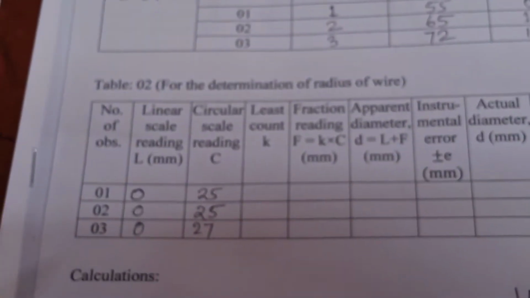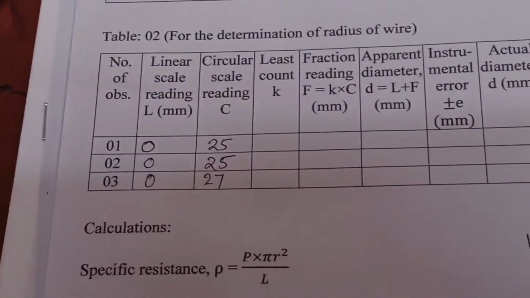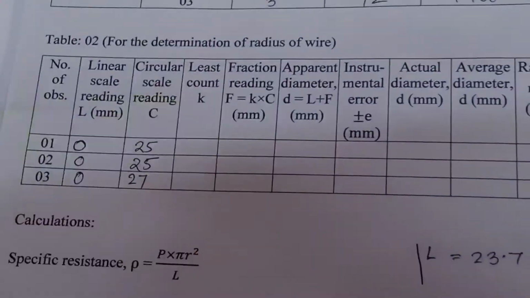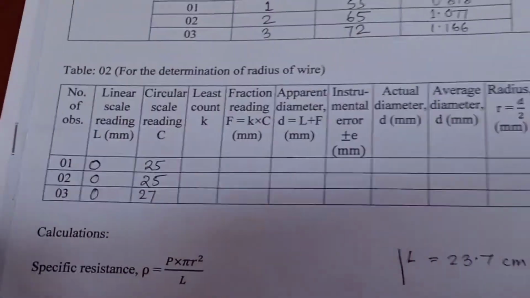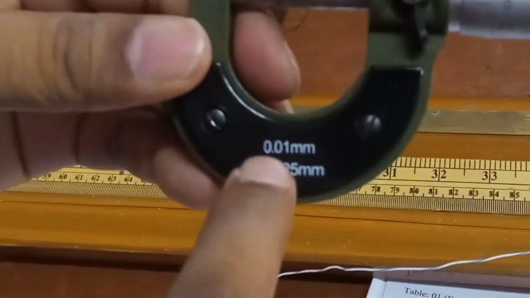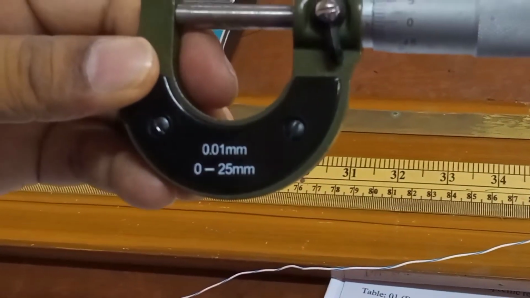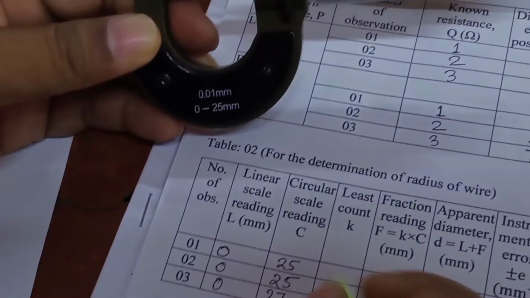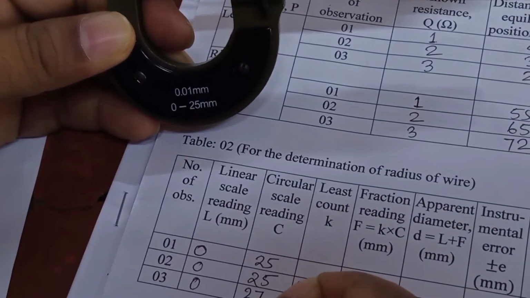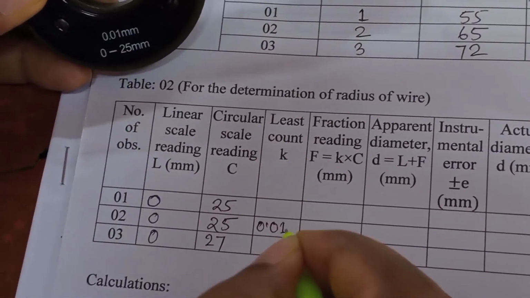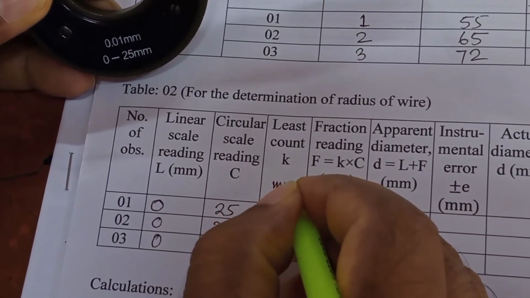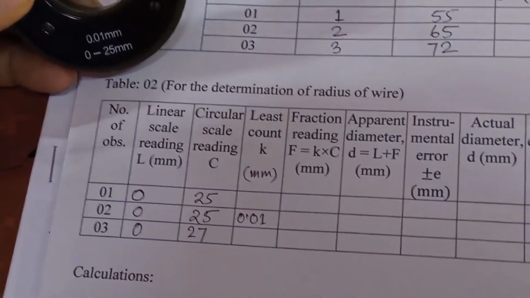Now we are going to complete the other columns. Here the least count of the micrometer or screw gauge is 0.01 millimeter, which is indicated on the micrometer. So the value of K, that is the least count, is 0.01 millimeter. The unit is millimeter.